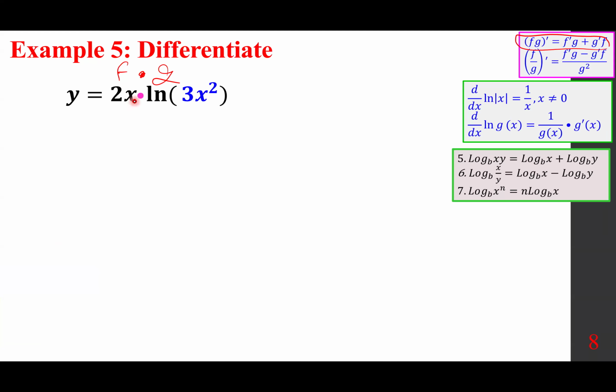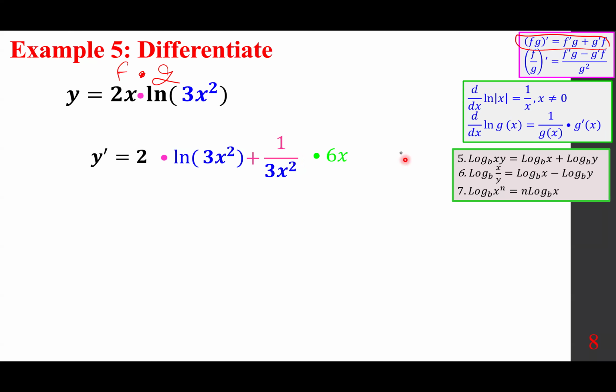So y prime: the derivative of 2x is 2, times g, which is ln of 3x squared, plus the derivative of ln of 3x squared, or g. You flip this over. We are going with the natural log of g of x, so we flip it over, 1 over 3x squared, times g prime. The derivative of 3x squared is simply 6x. And then remember, this is g prime.